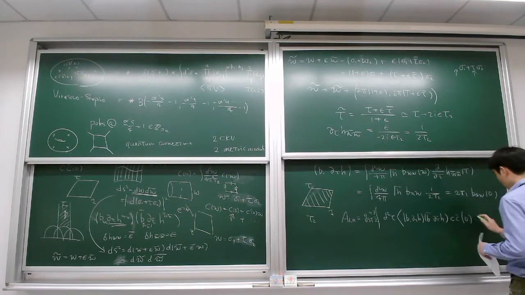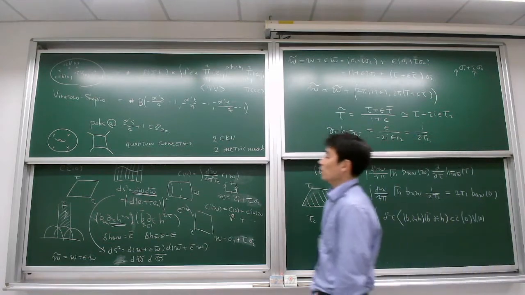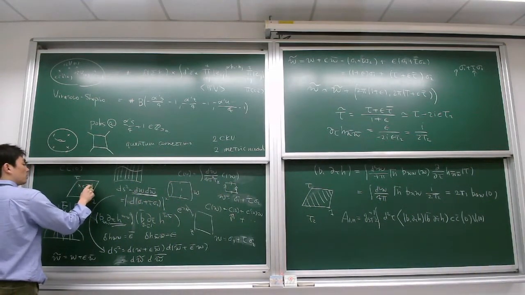And then b_1 0 is fixed. So one of the vertex operators is fixed, and the fixed one is c bar b_0.